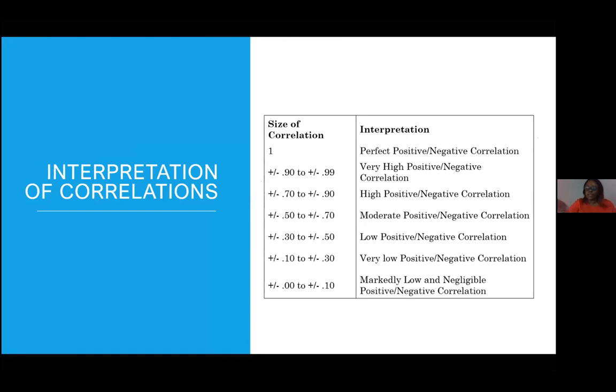For example, if you're looking at a person's test scores and you want to rate it against how they perform on the job, if you get say a negative 0.10 to negative 0.30, that would be way too low for you to make a decision to say, yes, it's directly related.